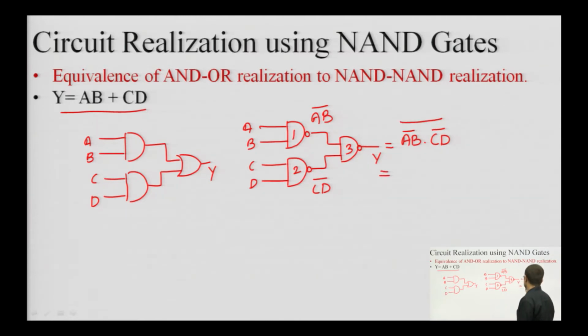If I apply De Morgan's theorem on this, I get ab double complement, this dot changes to plus, and cd double complement, which is equivalent to ab plus cd only.